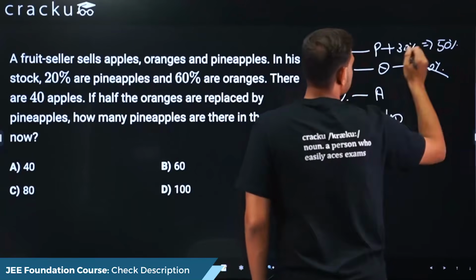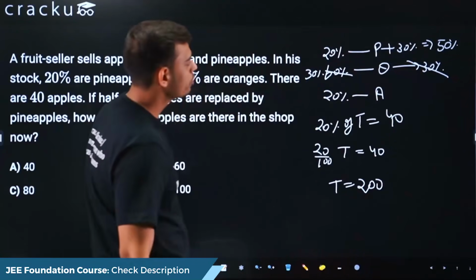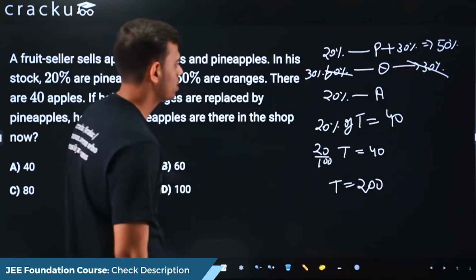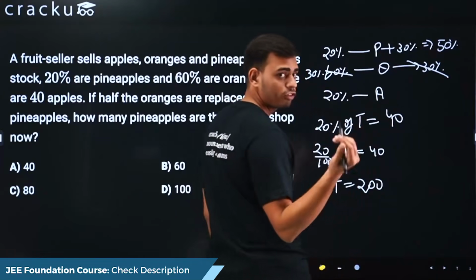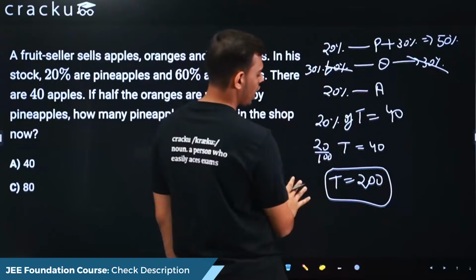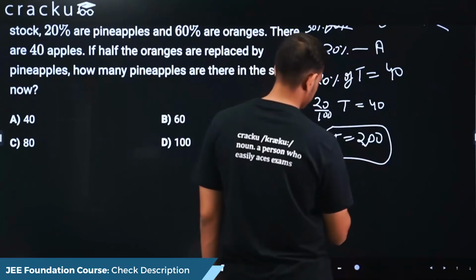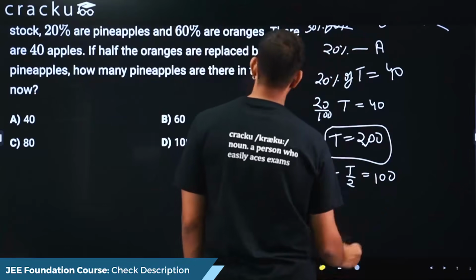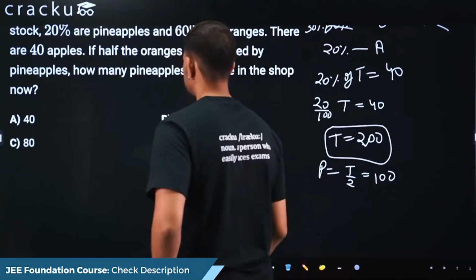Now pineapples contribute 50% of the total fruits. Total is 200, and half of 200 is 100. So there are a total of 100 pineapples. Correct answer is option D.